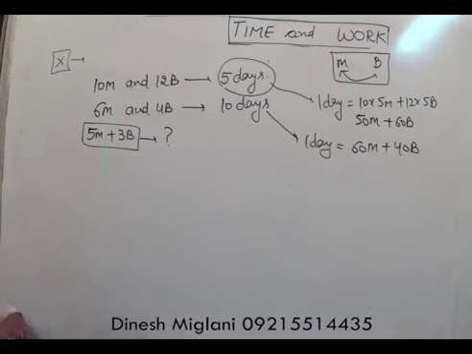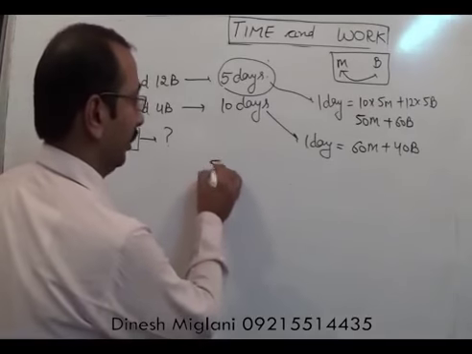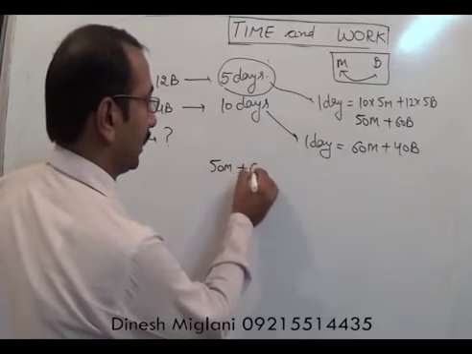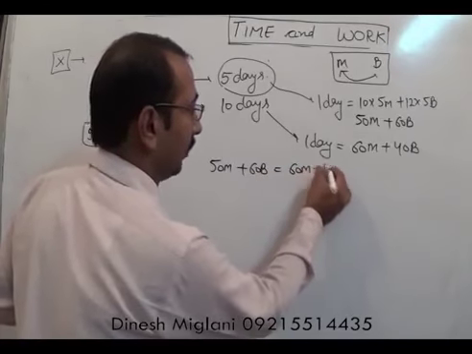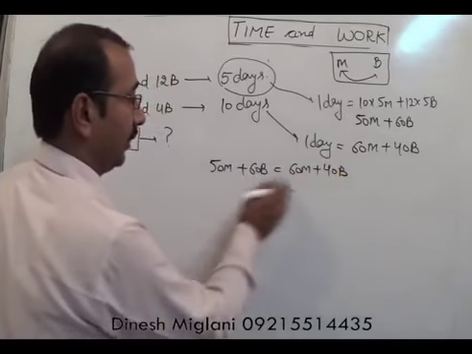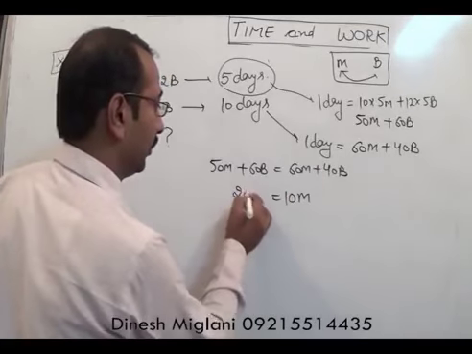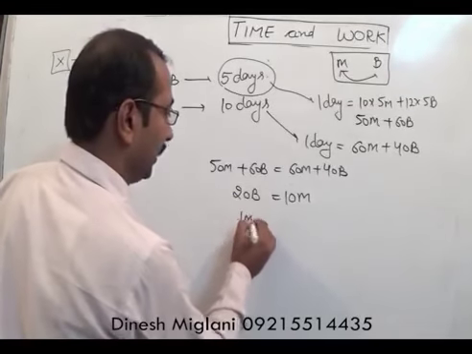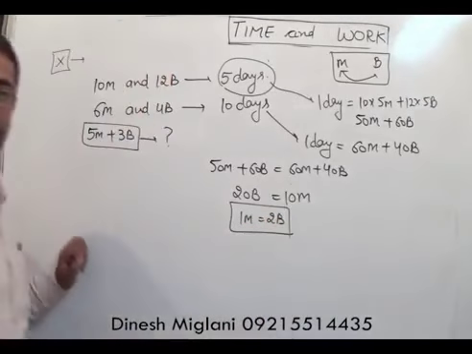It means their capacity is equal. So we can compare those, equate 50m plus 60b will be same as 60m plus 40b. It will be here, that would be 10m, it will be here, that would be 20b, or I can say 1 man equal to 2 boys, that I can take.